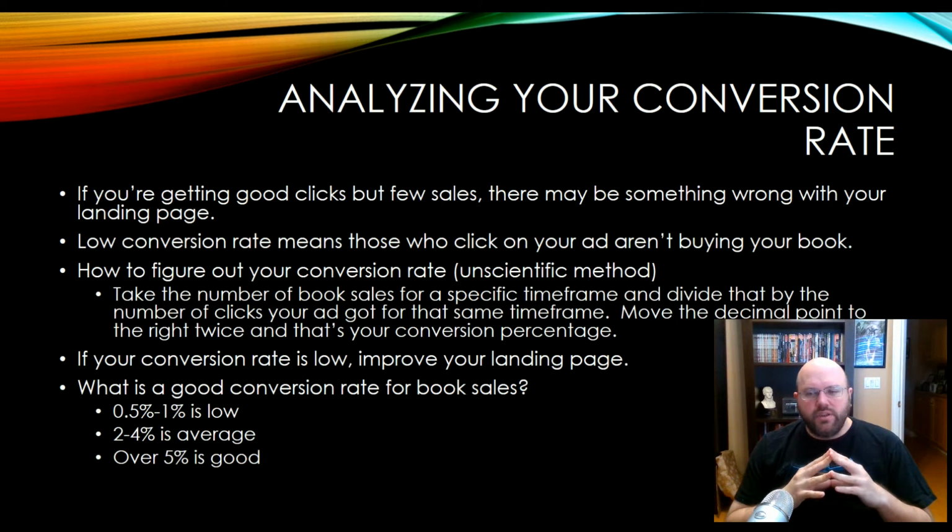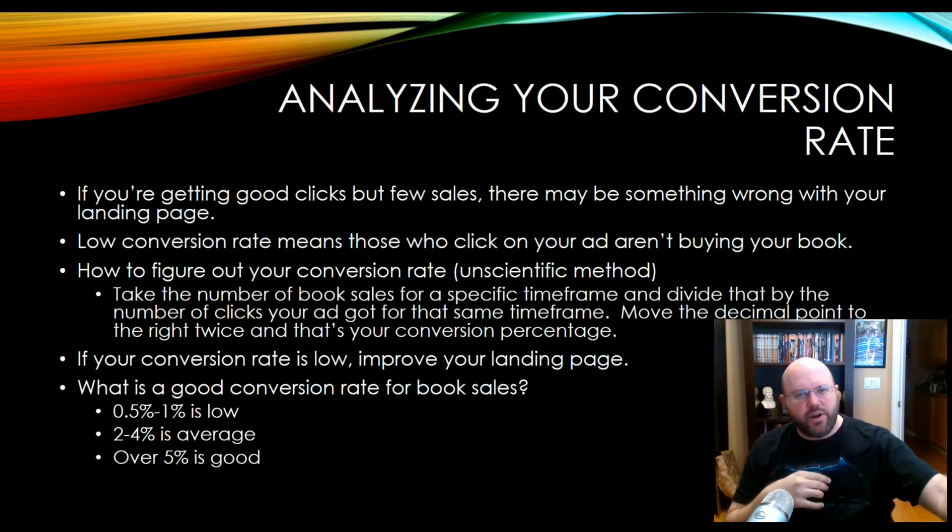All right, so what you do is you take the number of book sales and you divide it by the number of clicks your ad got in that time frame, and then you move the decimal point 2 points to the right when you get that result, and that gives you your conversion percentage. Okay, so this is embarrassing because I'm terrible at math, but I'm just going to quickly look up my calculator here and do some math.